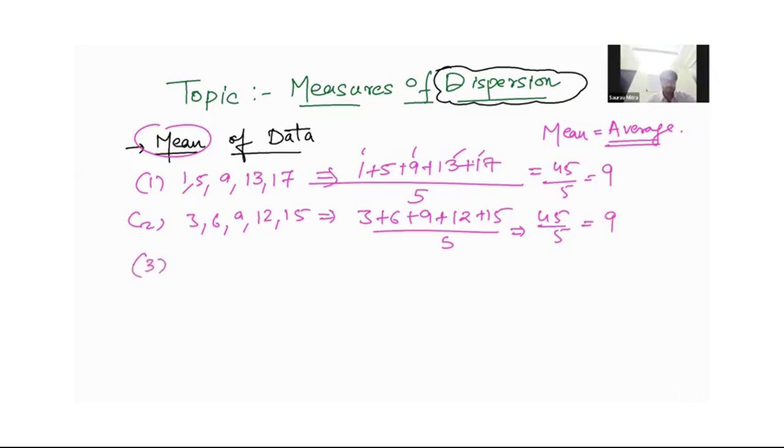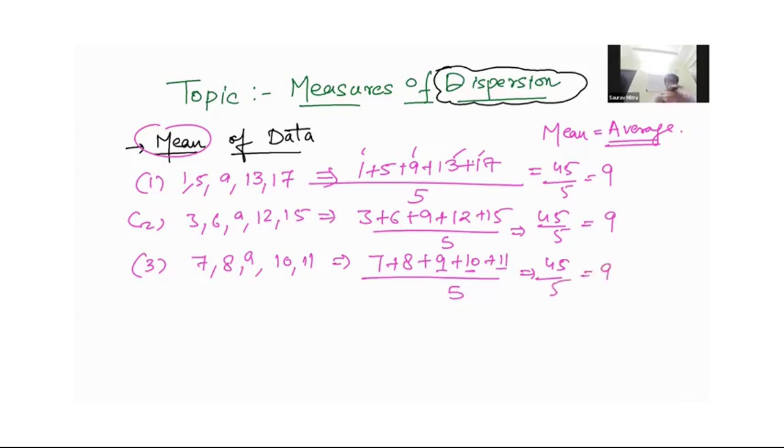Similarly, let us calculate the mean of this data: 7, 8, 9, 10, 11. This will be 7 plus 8 plus 9 plus 10 plus 11 by 5, and again 45 by 5.